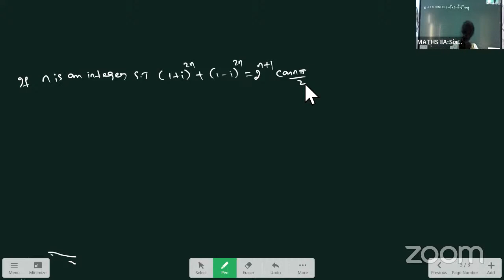So first take one part and simplify, then take the other part.